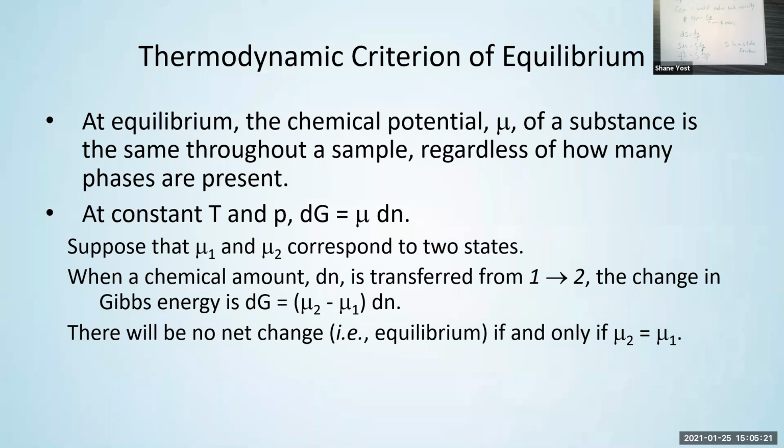So, again, to hammer home this point, think about some chemical reaction where I react some small change in number of moles, transferred from 1 to 2, reacting to product.